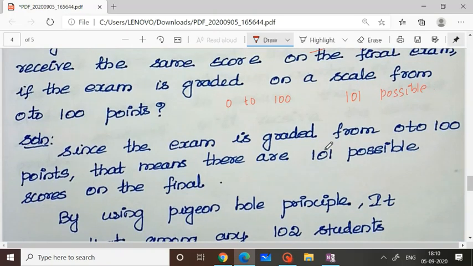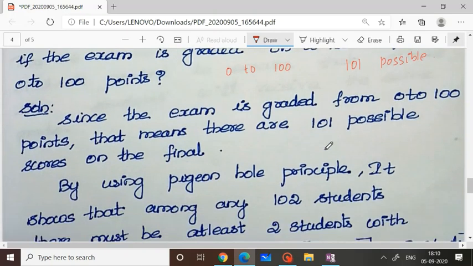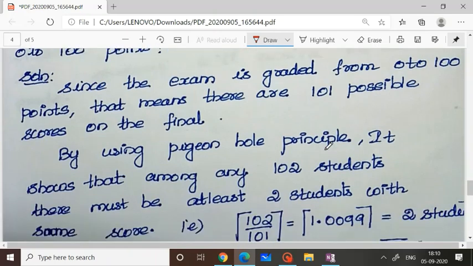So among 102 students, the number of students is equal to 102, and there must be at least two students with the same score, that is 102 divided by 101. The ceiling of m by n is equal to the ceiling of 1.099, that is equal to 2 students.